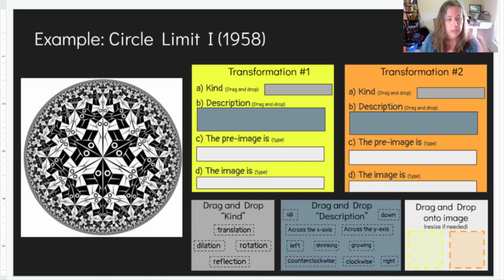If we look at Circle Limit, some people think that these figures are birds, and some people think that they are fish. For this video, we will call the black ones birds and the white ones fish. If we look at the bird in the center to the left, his nose is pointing right into the center and his body is going off to the left.